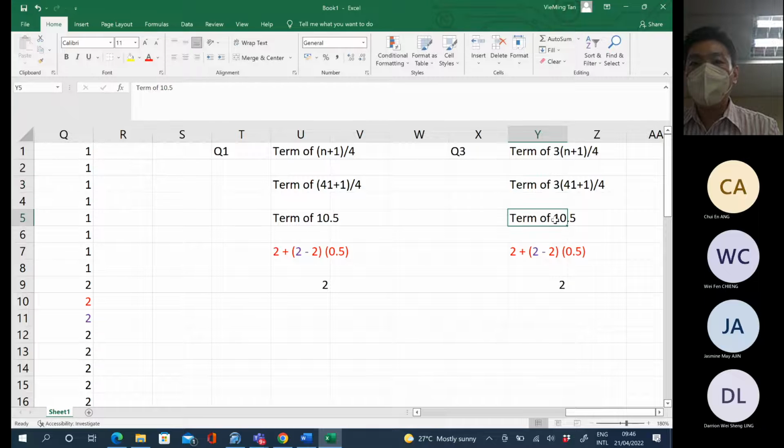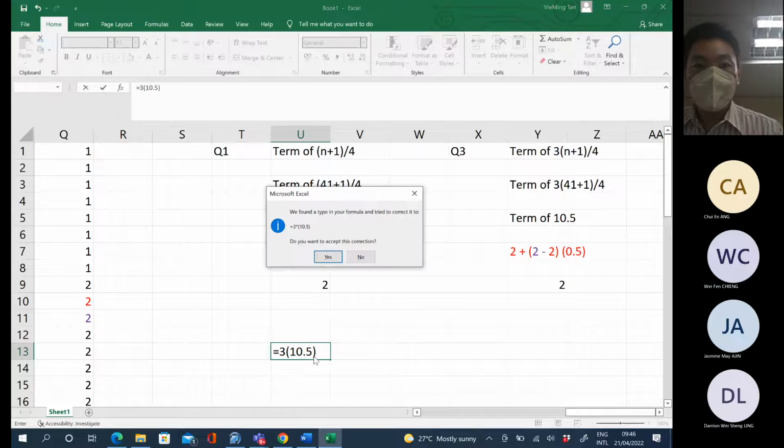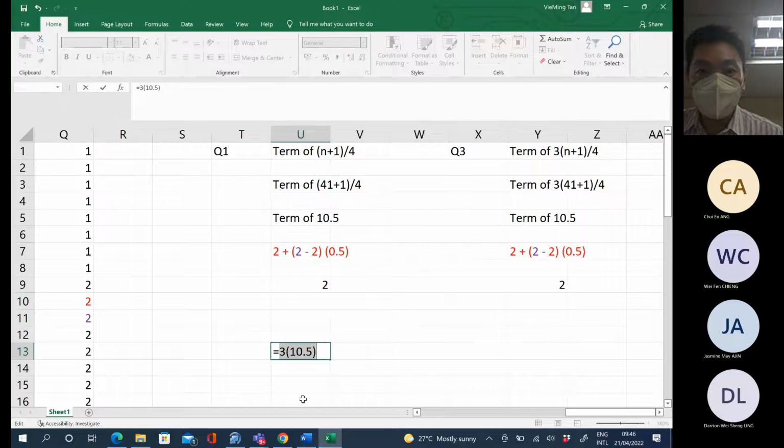P5. 3 multiply 10.5. What is the value? Multiply have to use the symbol of 10.5. 3 multiply 10.5.